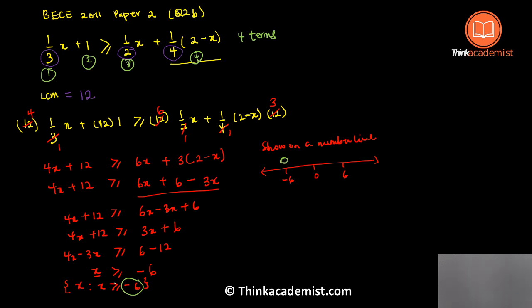And then when we look at this sign, it is greater than. Greater than is facing the right hand side. So we'll just draw our arrow to face the right hand side. Okay? Now, once it faces the right hand side, it is not just greater than, but greater than or equal to. So we shade the inequality, and that is it.